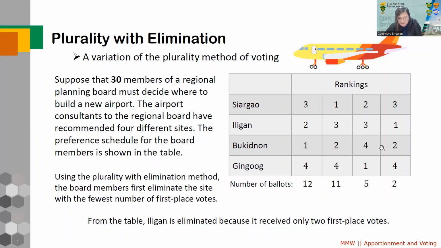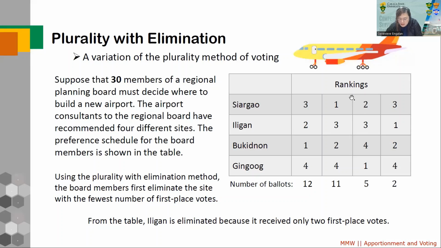Okay, sunod ato daw i-eliminate ang pinakagamay nga number of the board members. First eliminate the site with the fewest number of first place votes. No? So si Siargao na ari dire, siya ang 1 sa 11 ka buok.